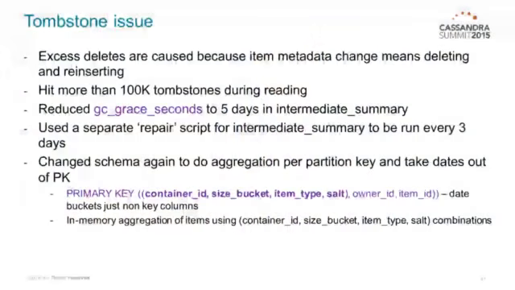That worked for some time, but we again started hitting issues and getting read timeout errors. We looked a bit more into it to understand what was going on, and what we found was errors in the Cassandra system log saying that it had hit more than 100,000 tombstones for a given slice range query.